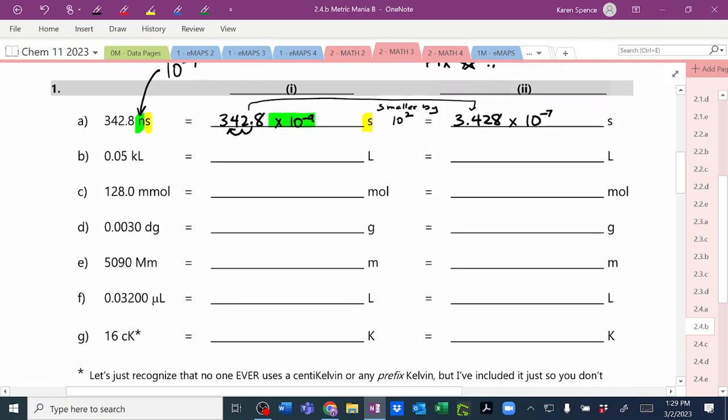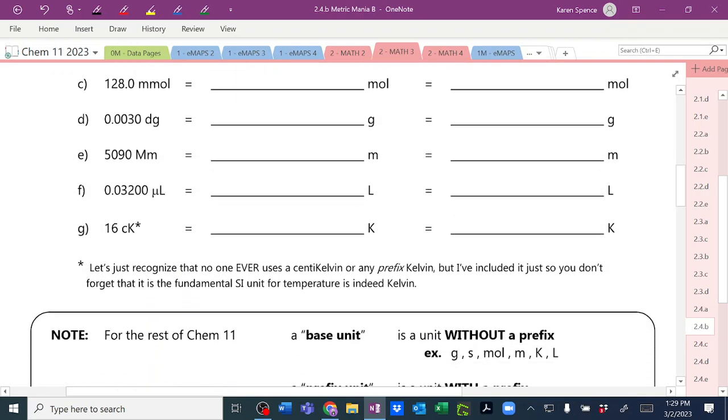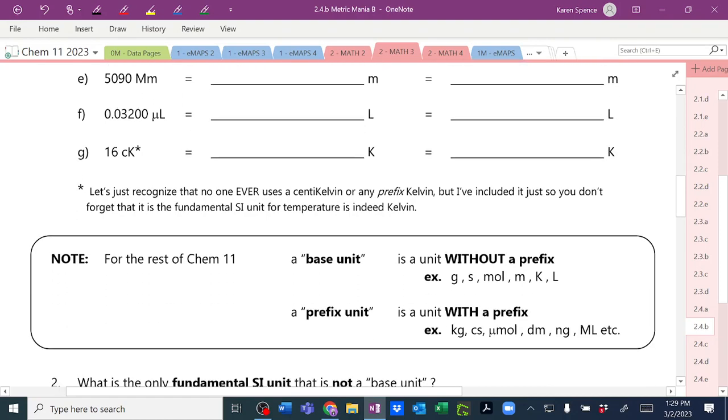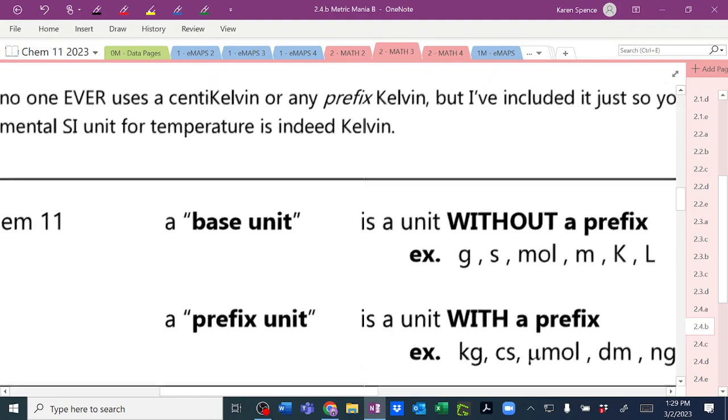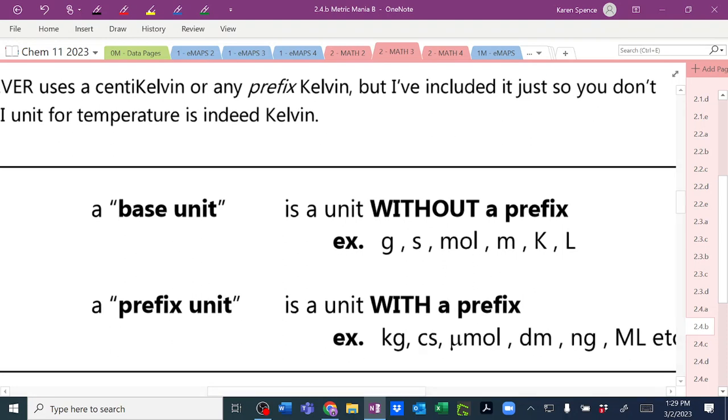Let's go down here just a little bit. So for the rest of chemistry 11, when I say a base unit, we can also call that a plain unit. That is a unit without a prefix. So that would be your grams, seconds, moles, meters, Kelvin, liters.